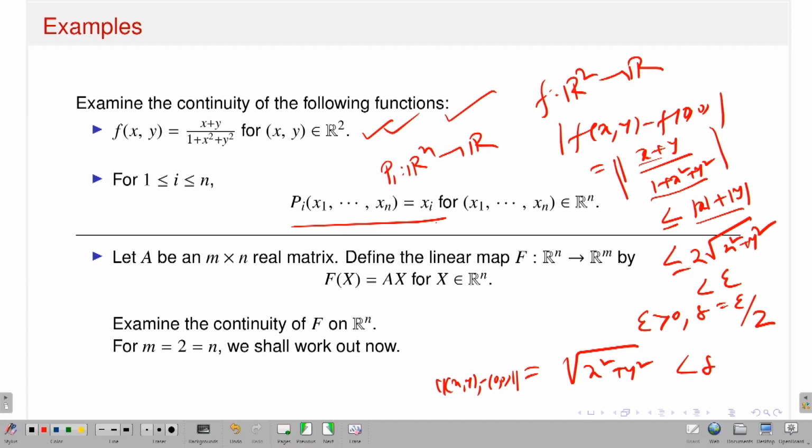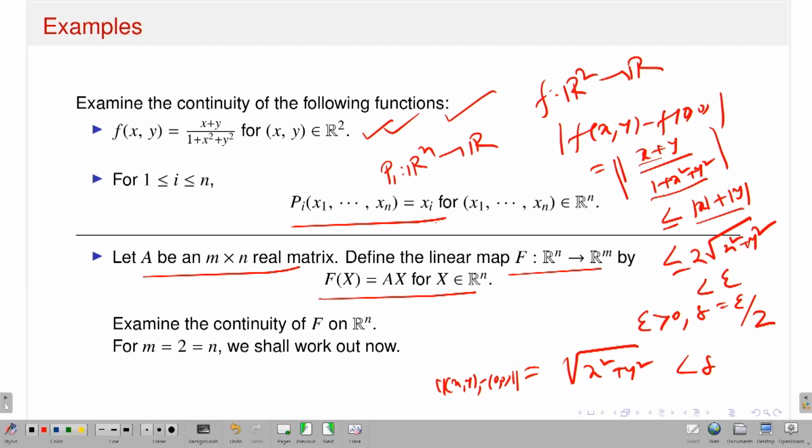The next one says: start with an m cross n real matrix A, and define a linear map capital F by F(x) equal to Ax, where x comes from Rn. If I have this function, then it is also a continuous function, one can prove. In fact, for general Rn to Rm, the calculations will be a little complicated.